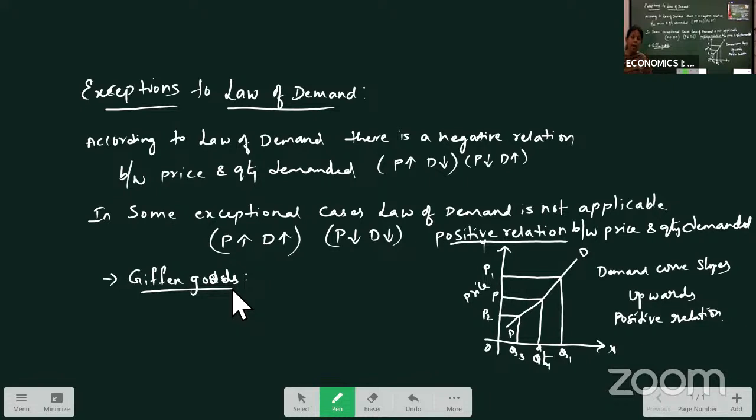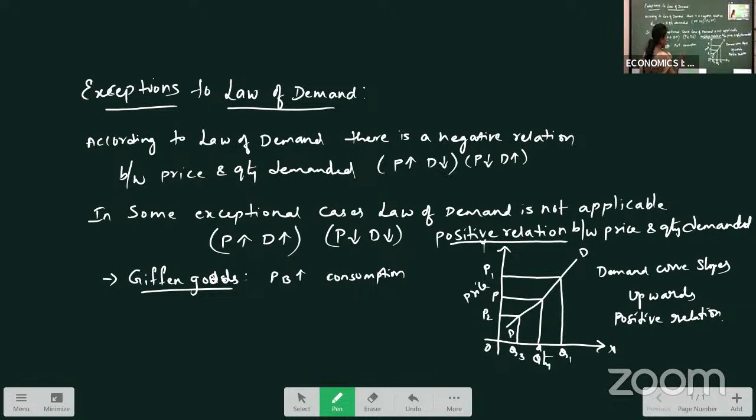When the price of bread increased, they did not stop the consumption. They increased the consumption of bread by reducing the quantity of meat. Though the price of bread increased, they increased the consumption, because whatever money they were spending on meat, they reduced that. That money they used to purchase bread, because bread is the staple food for them.